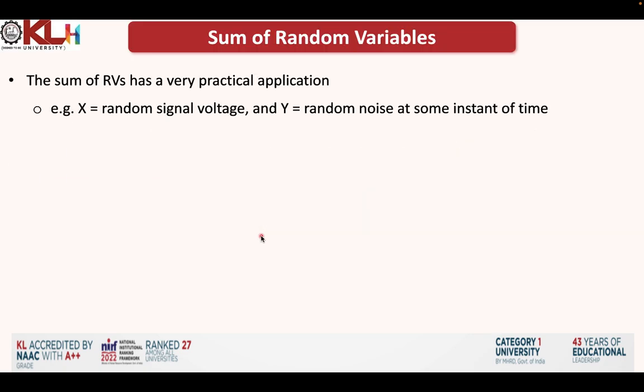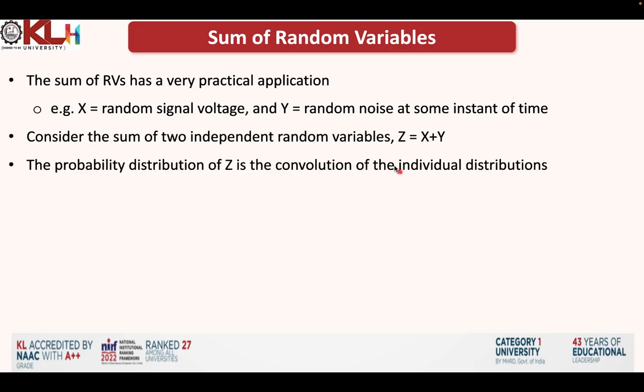Next, we'll look at the sum of random variables. If we have two random variables, then the sum we can easily calculate. And it's important because it has many practical applications. For example, x is a random signal voltage you're getting from some sensor, and y is the noise, and usually it's additive noise, so you get the voltage as x plus y.